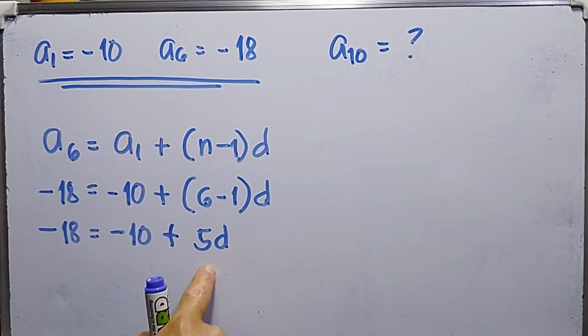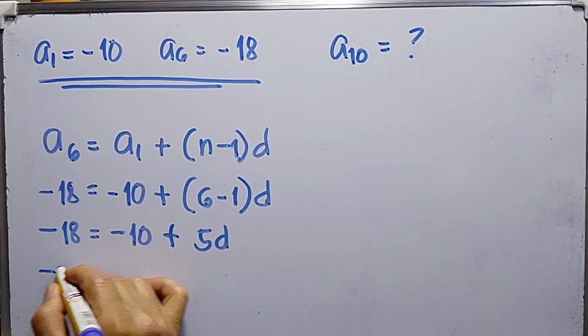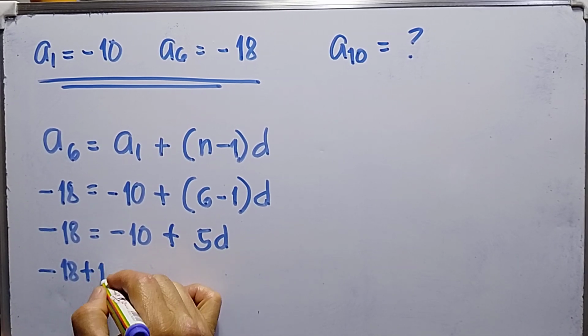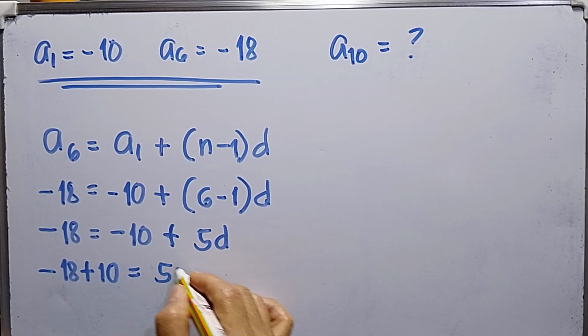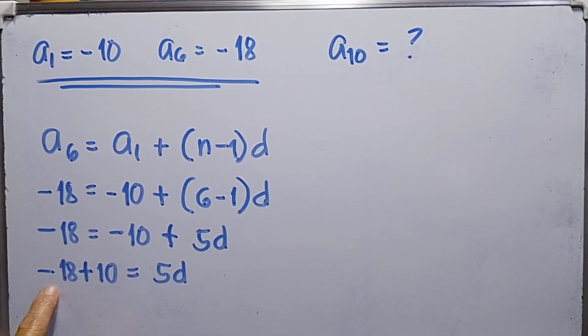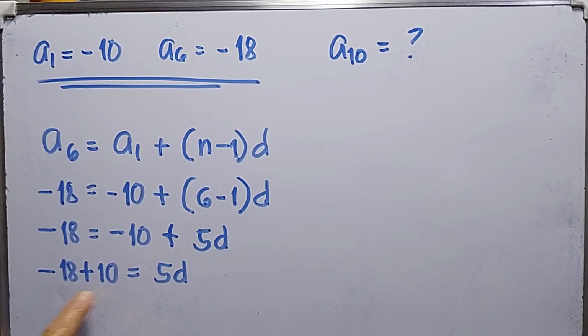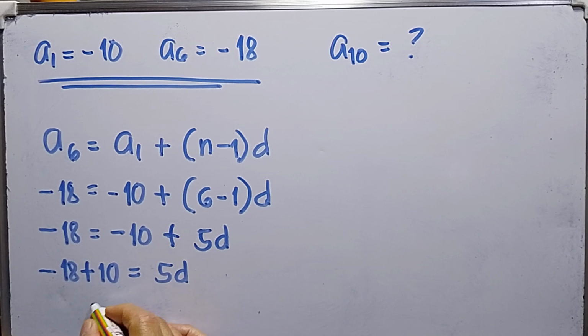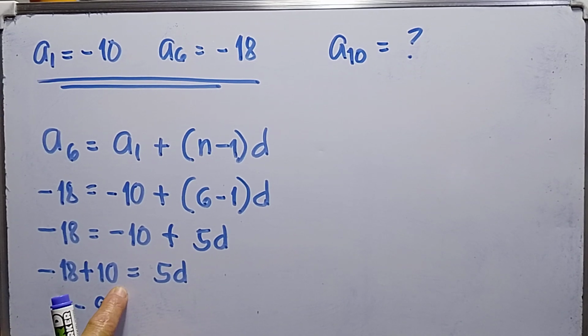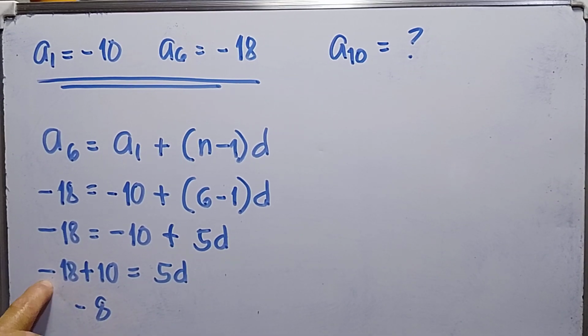Solving for 5d, negative 18. Transpose to the left, that will be positive 10 is equal to 5d. What is negative 18 plus 10? Since this is unlike sign, we will use subtraction. So 18 take away 10, that will be 8. And what's the sign? The sign is negative because 18 is greater than 10 and 18 has a negative sign.